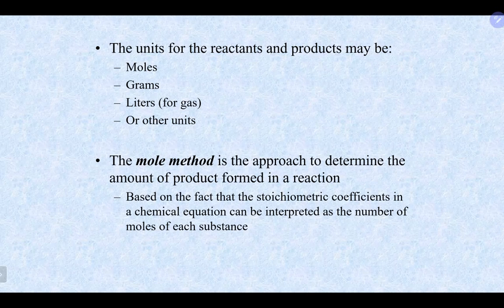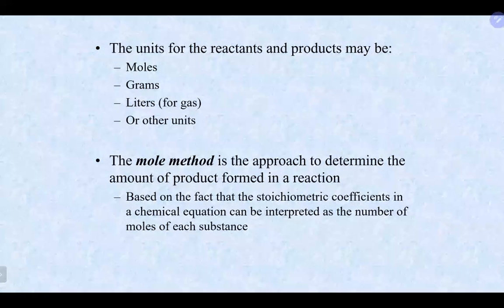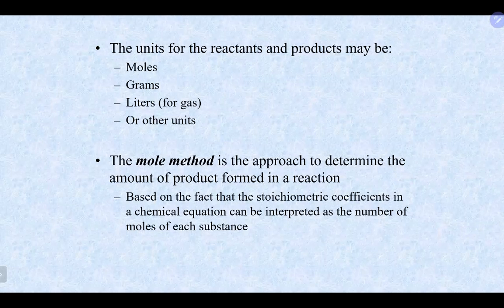But regardless of the units that you start with, one of the first steps in a stoichiometry problem is to turn those units into moles. Really it's almost the second step in pretty much all stoichiometry problems: whatever they give you, in whatever units, you need to get it into moles. The reason for that is the stoichiometry part is a mole to mole relationship. That way all the units cancel out correctly.